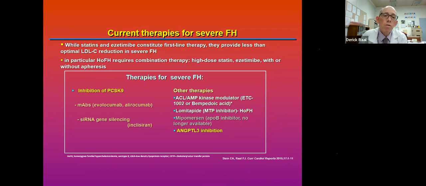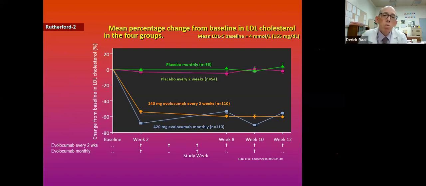Hopefully within the next year or two, we will also have the siRNA gene silencing drug called inclisiran, which also inhibits the production of PCSK9. But this is one study we're involved in, in patients with familial hypercholesterolemia that were randomized either to placebo or to the monoclonal antibody evolocumab.